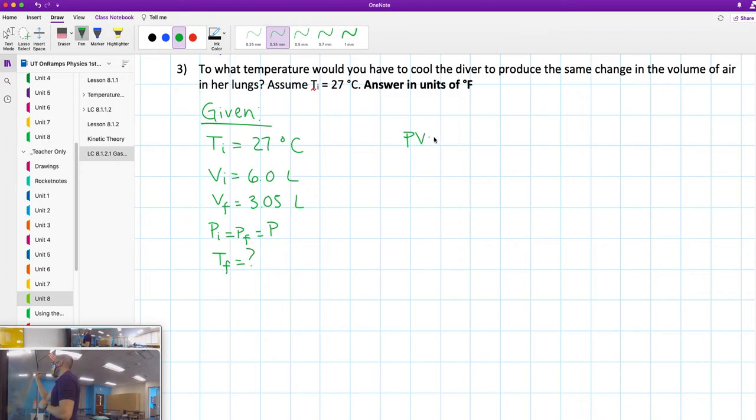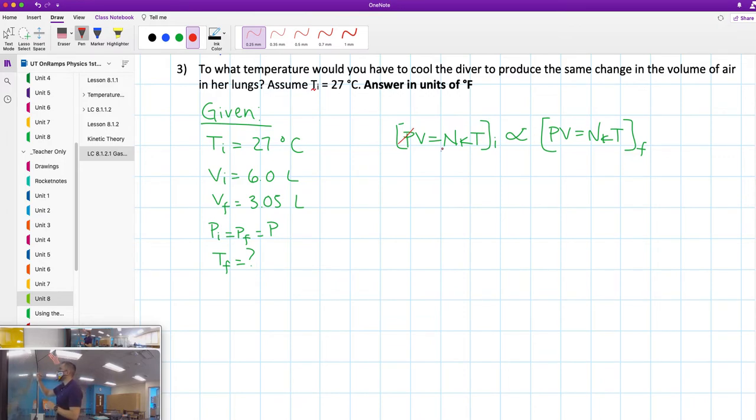So we start with the ideal gas equation. PV equals NkT. Now, the initial conditions should be proportional to the final conditions. Pressure is going to be constant.